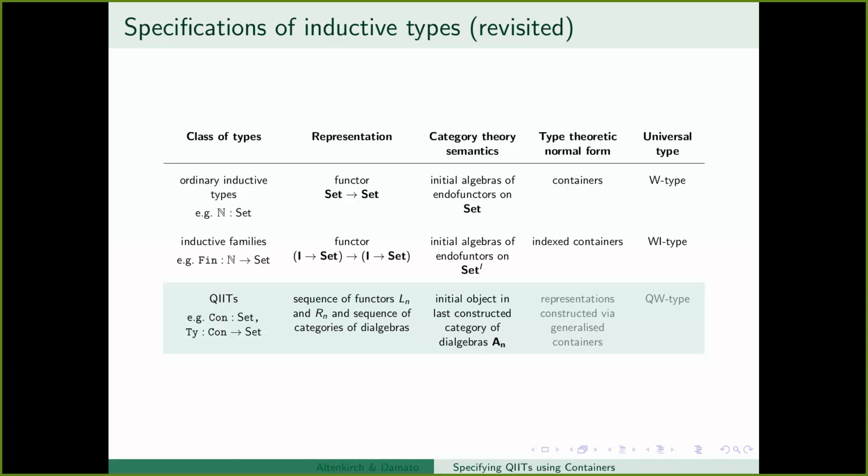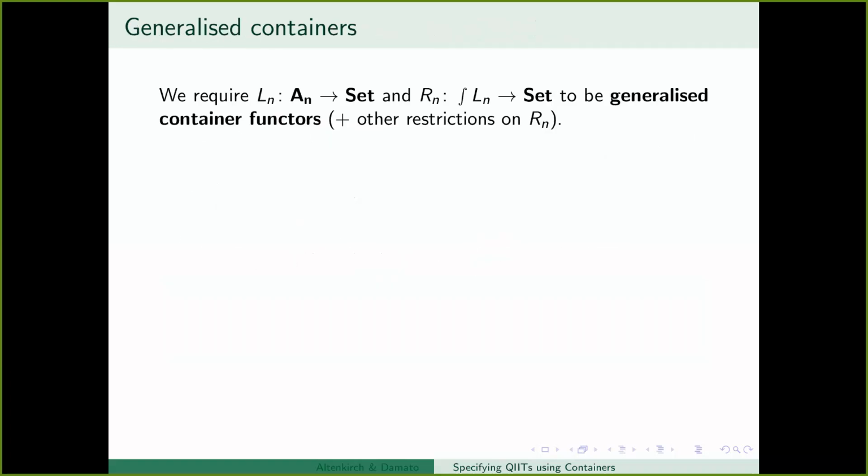So going back to the box here, our conjecture is that if we require Ln and Rn to be generalized container functors, plus we have some other restrictions on the right functor, then we are able to get a normal form for quotient inductive types. And by this we mean that we are guaranteed an initial object in the last constructed algebra in that process that I described.